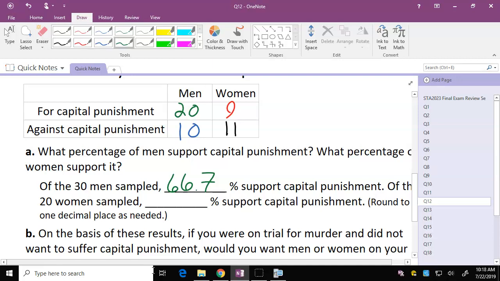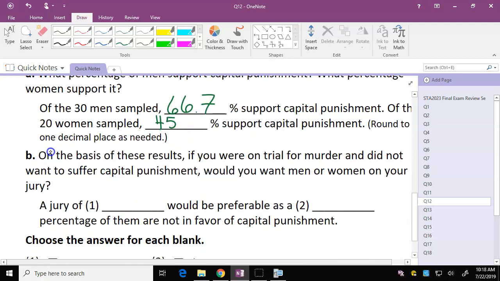And then what percentage of women supported capital punishment? 45. So we take the 20 and divide it by the 30, because there were 30 men total. And then we take the 9 divided by the 20 women that were sampled. Okay? And there's no decimal on the 45? Okay. Okay, perfect. Just wanted to double check.